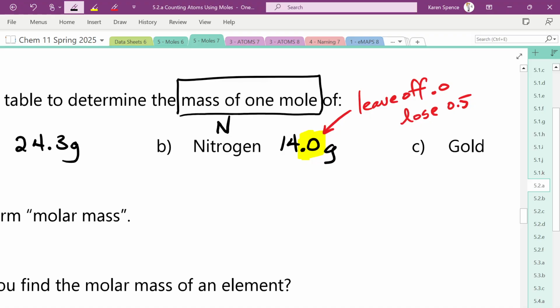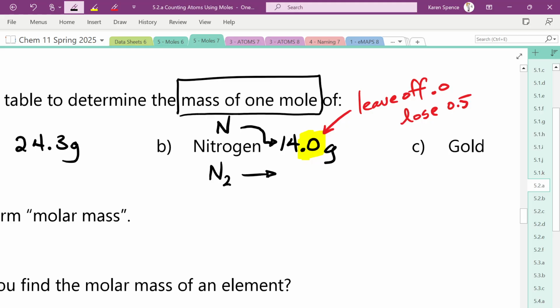Now, do you guys know something about N2 in nature? N2 is a diatomic. Yes? Yeah, it is a diatomic. What would the molar mass of N2 be? So N is 14.